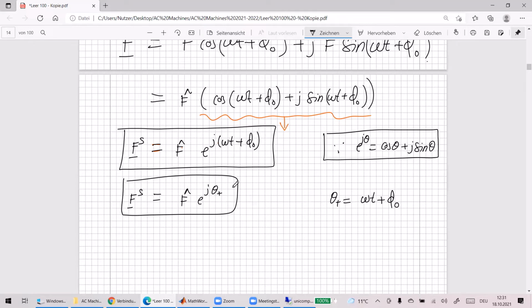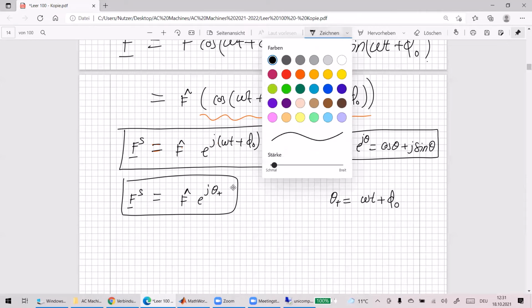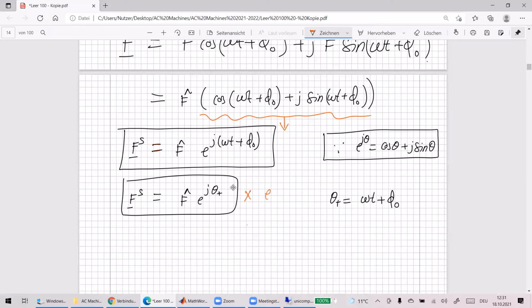Which factor can you multiply to make this DC? It's not very difficult. We want to eliminate this e power j theta. With what should you multiply? Exactly, we should multiply with e power minus j theta, right? So we multiply this with e power minus j theta.